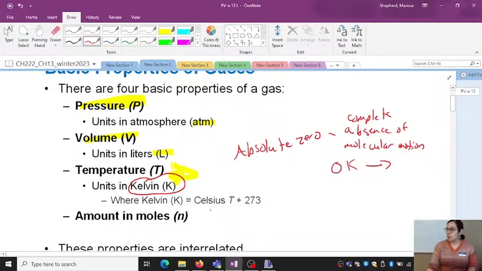If you were to use Celsius or Fahrenheit, once you get below 0, now we have negative temperatures, and negative temperatures don't make any sense mathematically for what we're plugging in. If you were to use negative temperatures, your answer would be way off. So always be in Kelvin for any of these gas law calculations. So again, star that, always in Kelvin. It doesn't matter what it is, always Kelvin.